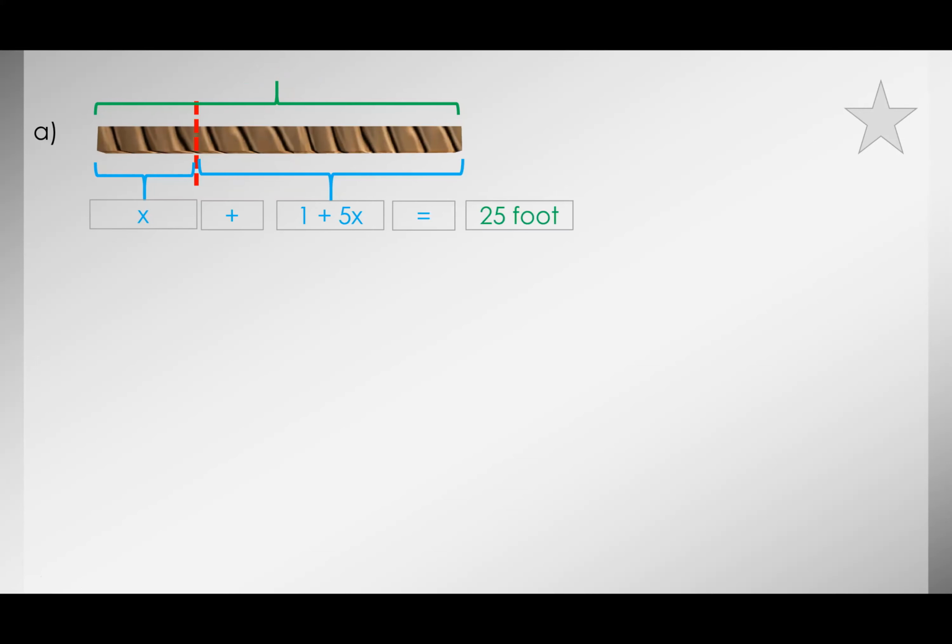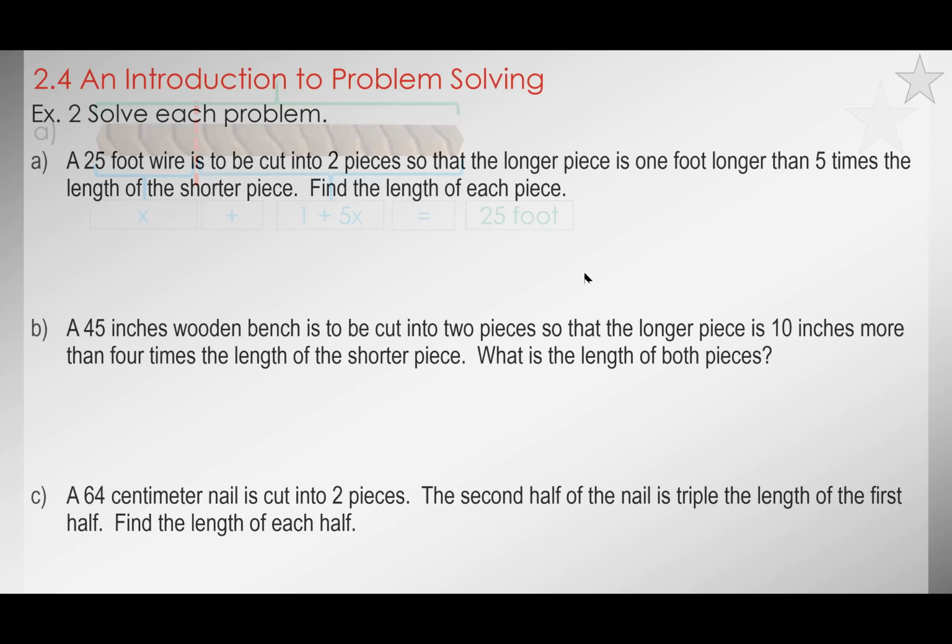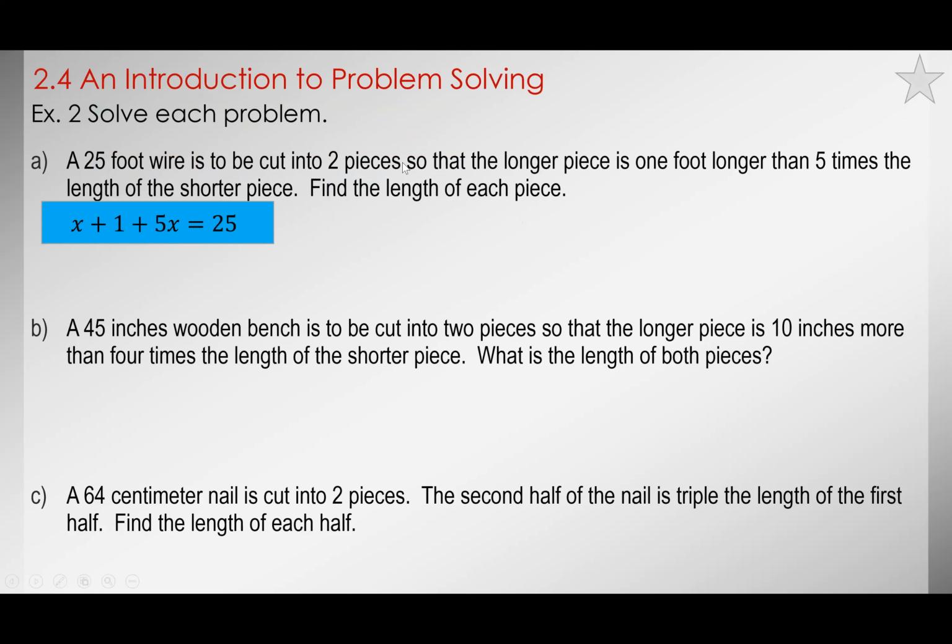So this is what you need to set up, ladies and gentlemen: whatever the first piece is, my x, added to the second piece, is equal to the whole total piece, which is 25.